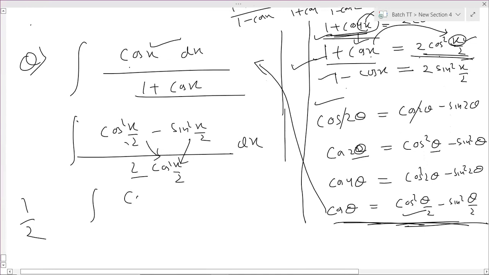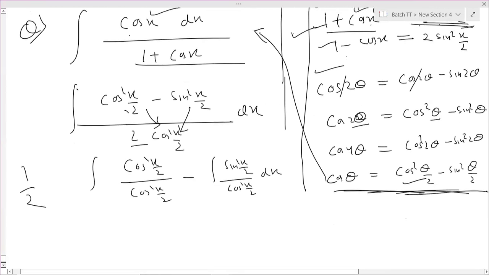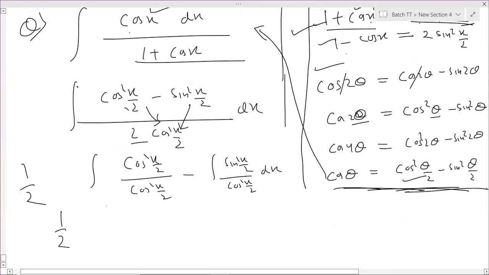So this is the integration of cos square x by 2 upon cos square x by 2, minus the integration of sin square x by 2 upon cos square x by 2 dx. So half the integration of cos square x by 2 upon cos square x by 2 is 1 dx, minus sin square x by 2 over cos square x by 2, which is tan square x by 2.